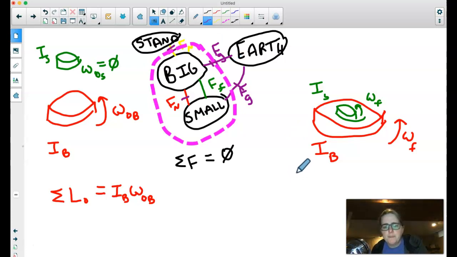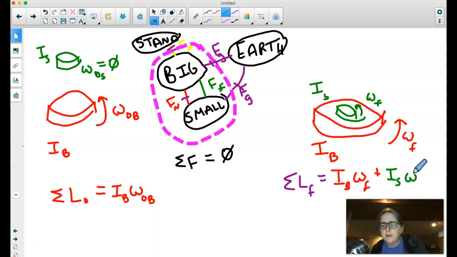And so then, if I was going to find the total final angular momentum, I could do the angular momentum of the big disk, which is its rotational inertia times the angular velocity, and then I'll do plus the angular momentum of the smaller disk.